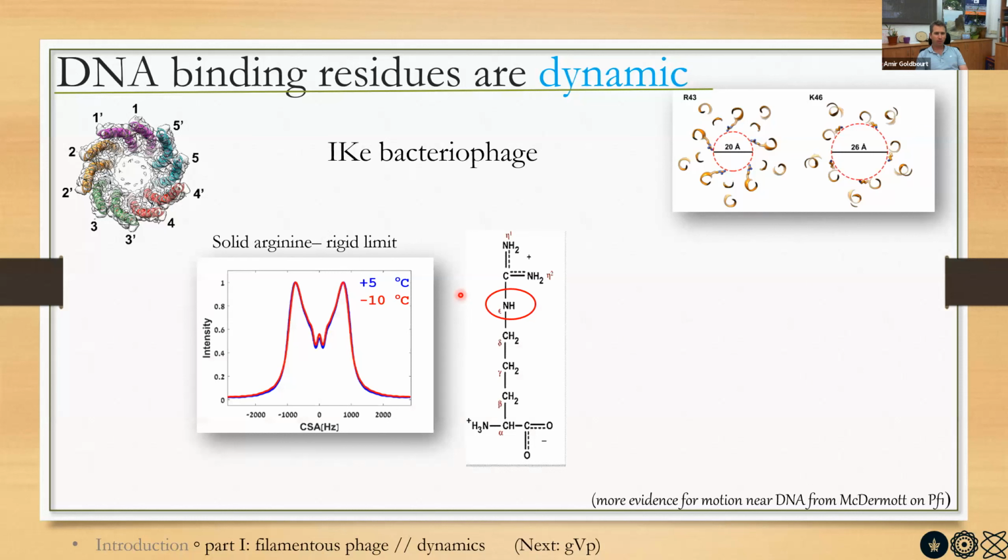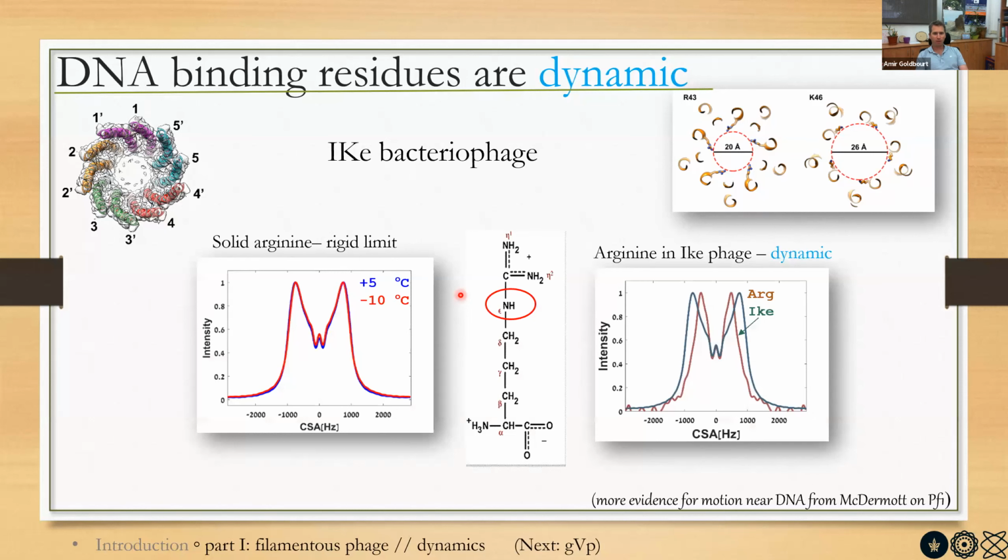Then we did the same thing on the arginine in the phage, and what you see is a reduced line shape, telling you that the arginine in IKE is actually dynamic. What we think happens is that there are no direct electrostatic interactions, but rather water-mediated polar interactions between the positively charged residues and the phosphate negative charges on the DNA.